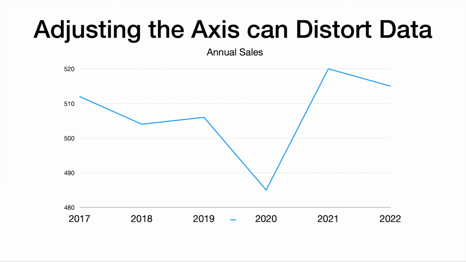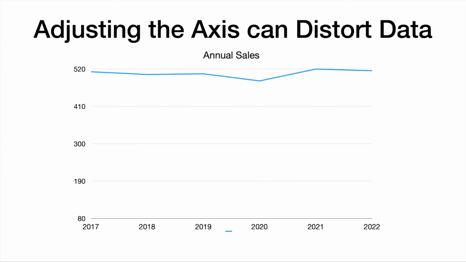But if you look here on the left, we can see that the data starts at 480 million and goes up to 520 million. And if we were to show the complete axis, we can see that, in context, that dip is still a dip, but in the context of the overall sales, it's not such a big deal.